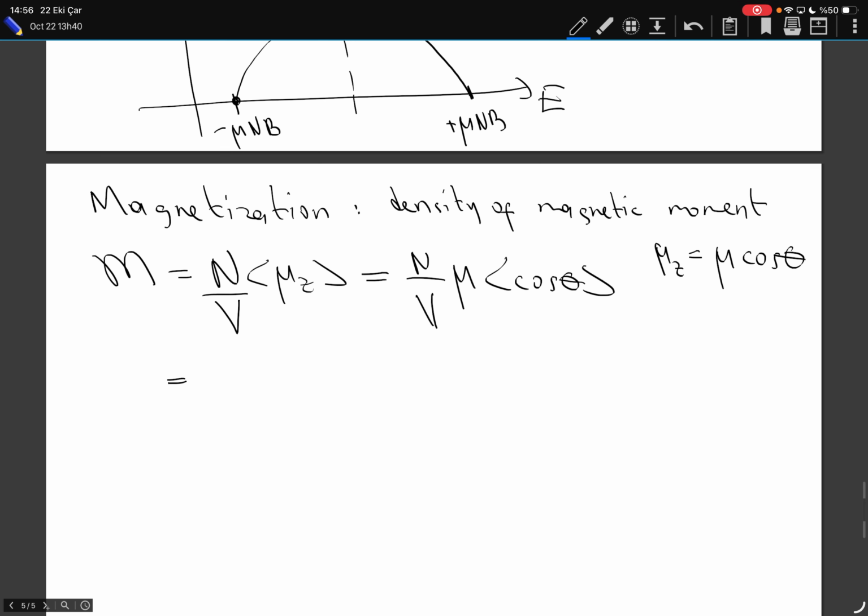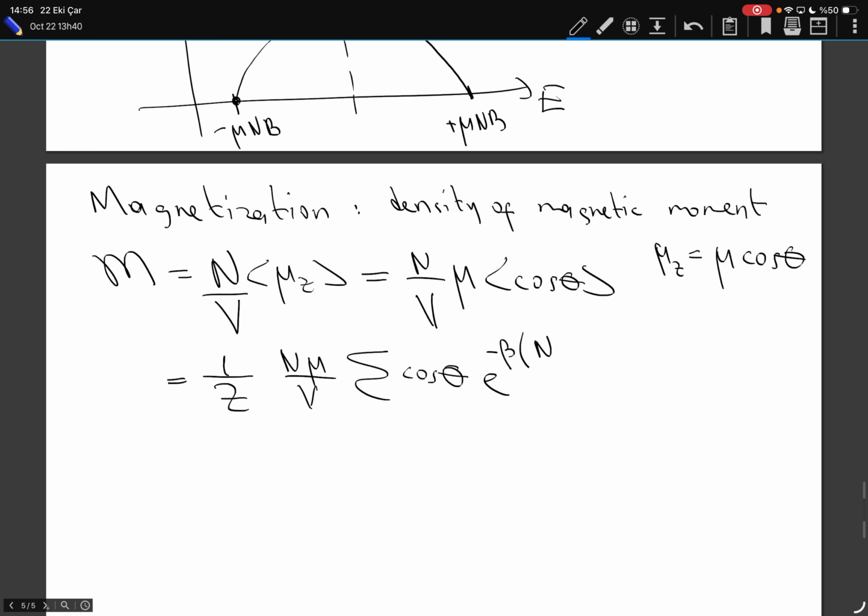This will be 1 over Z1, N mu over V, times cosine theta, times e to the power minus beta times the energy of my system.